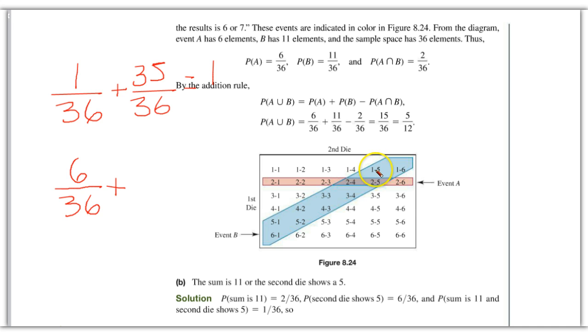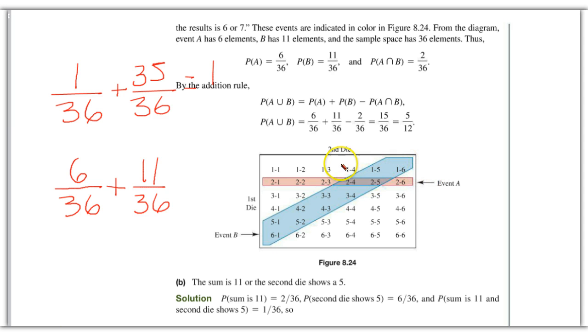I'm sorry, I guess it was a sum of 6 or 7. Yes, both of these. So we can count them. This is a 6, so 1, 2, 3, 4, 5, 6, 7, 8, 9, 10, 11. So there's 11 possibilities out of 36 that it's going to be a sum of 6 or 7.